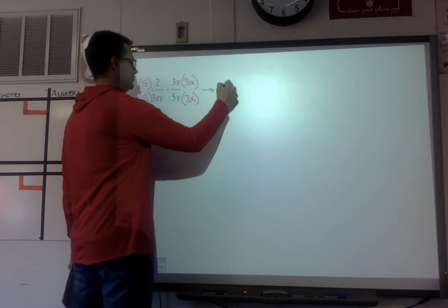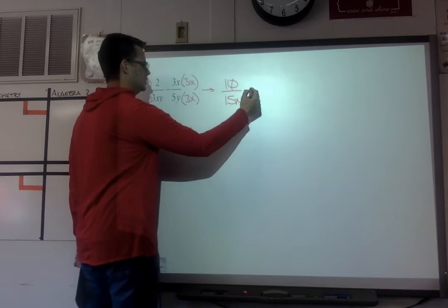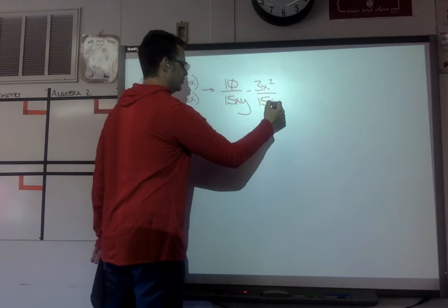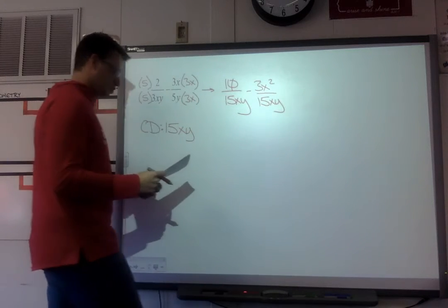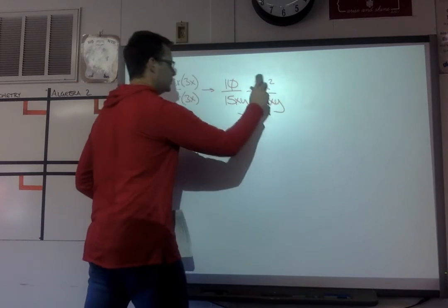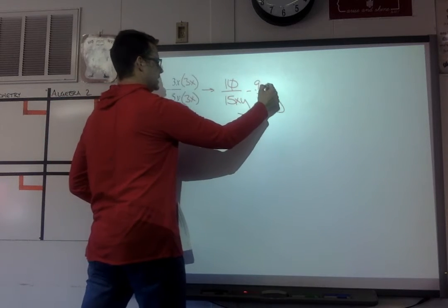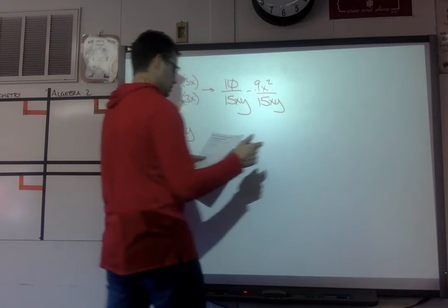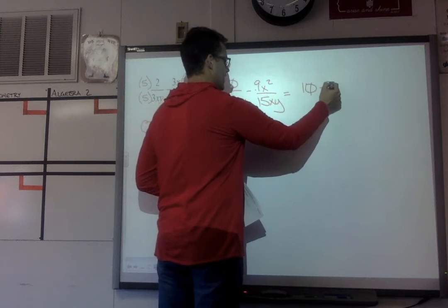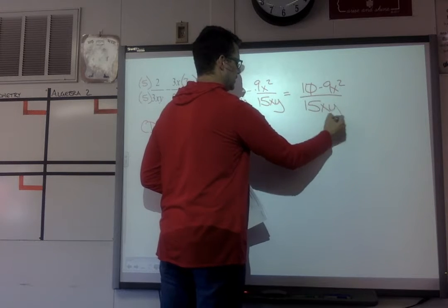So this will now give us 10 over 15xy minus, not 3x squared, 3x times 3x gives us 9x squared over 15xy, which we can then combine to one term, which would be 10 minus 9x squared over 15xy.